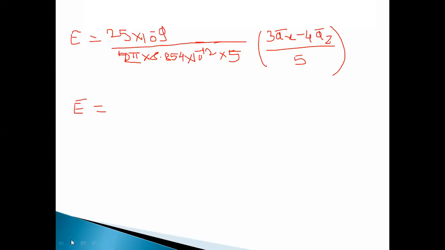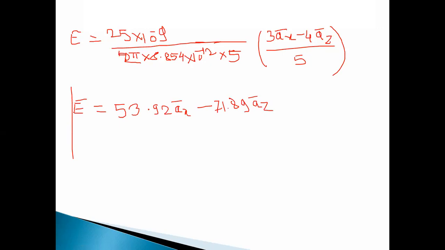So this E bar is equal to 3.92 A bar x and minus 71.89 A bar z.